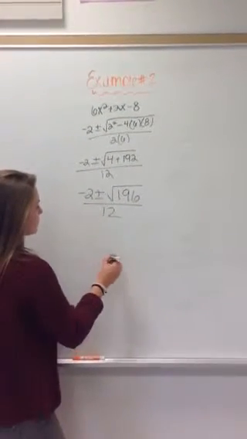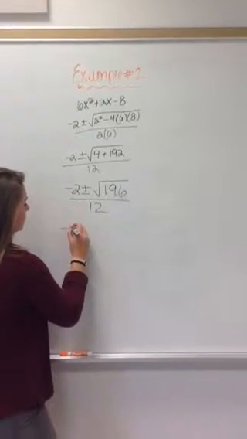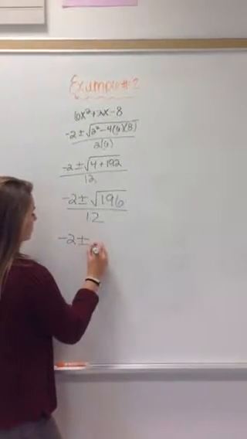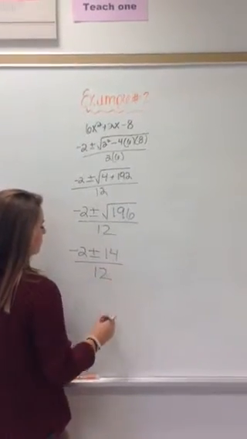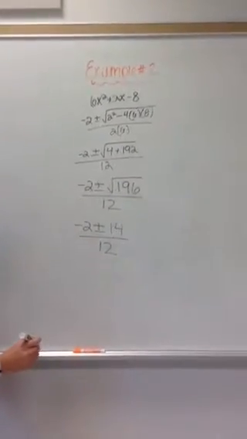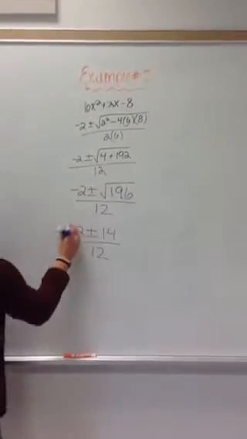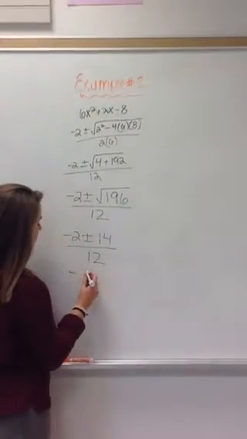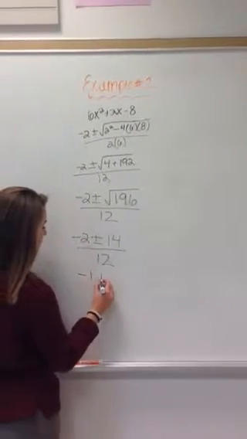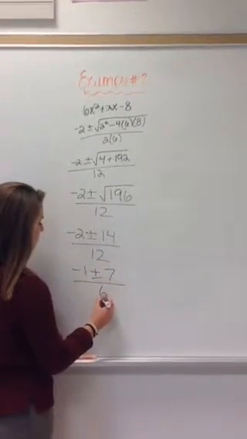Conveniently, the square root of 196 is 14. So, we would get negative 2 plus or minus 14 over 12. Now, we can take a 2 out, just as we did in the first example, and end up getting negative 1 plus or minus 7 over 6.